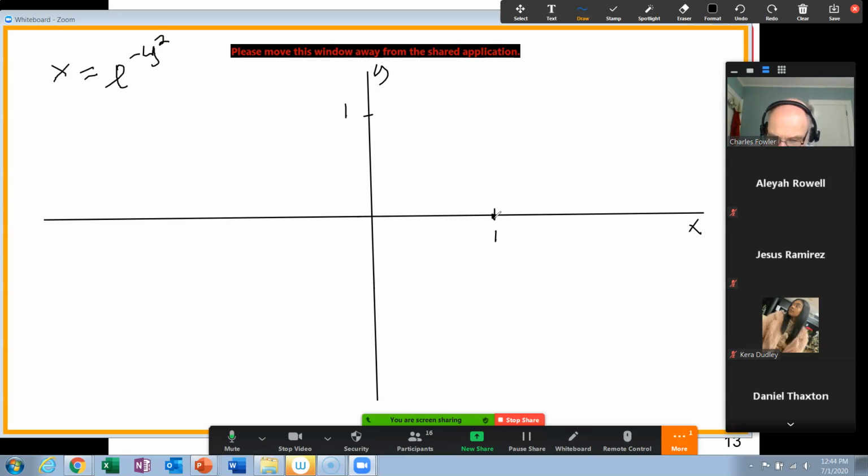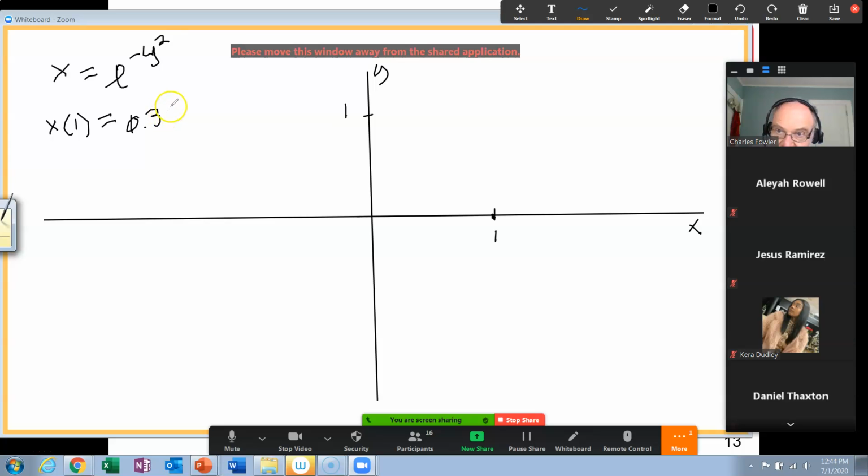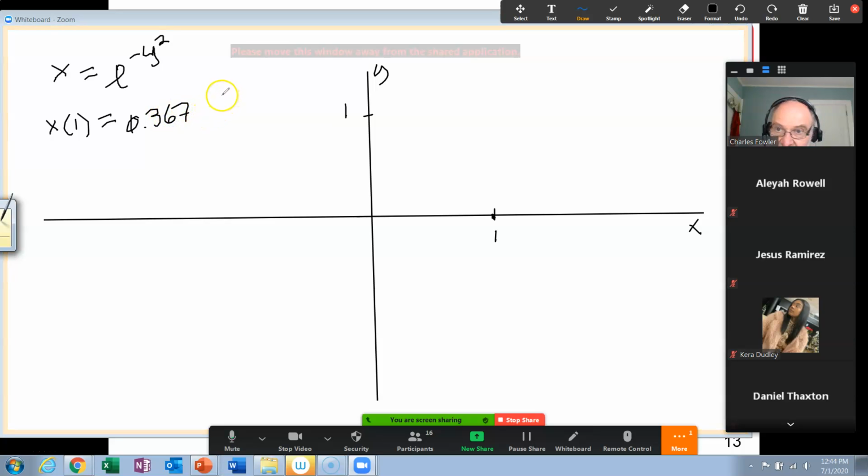So x when y is 1 is approximately equal to 0.36788. That's way too many digits, and I can't draw with that kind of precision, but just to get it out there.